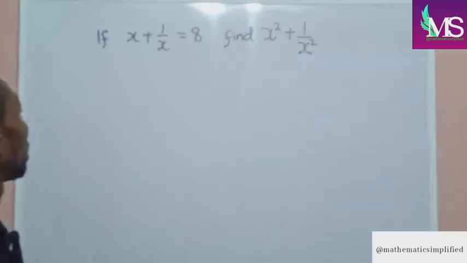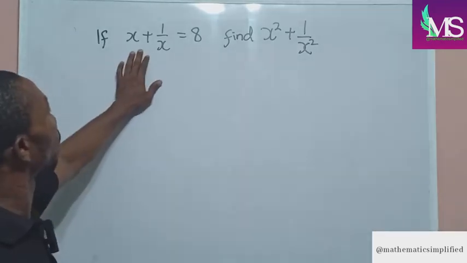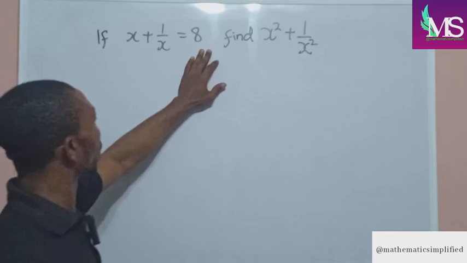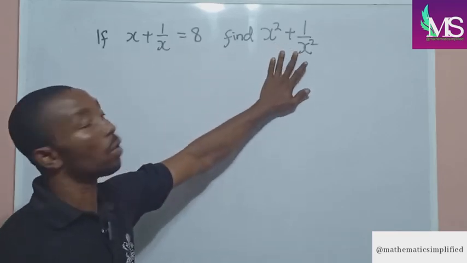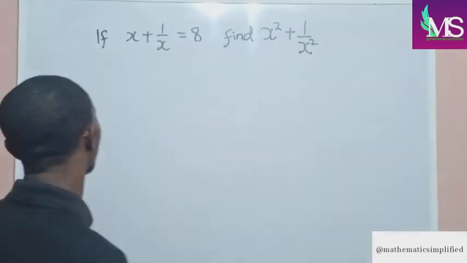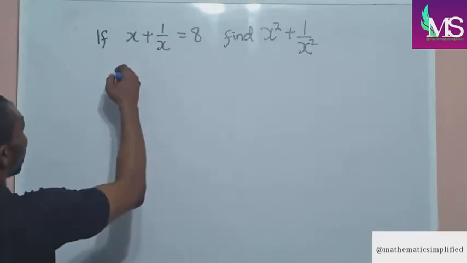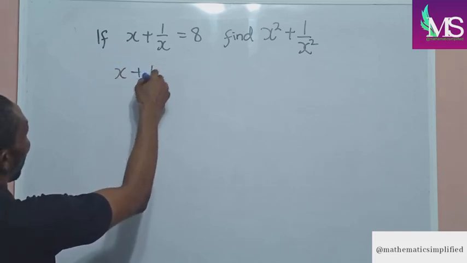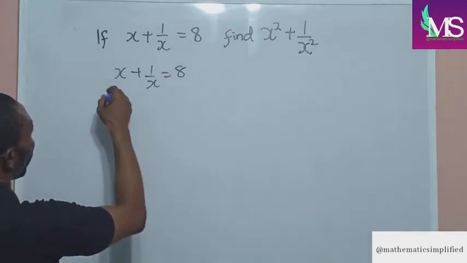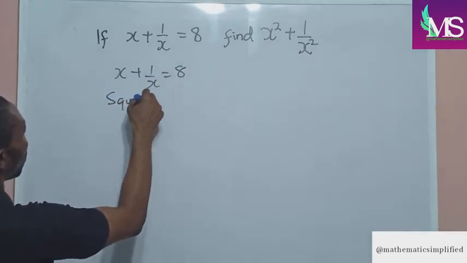Our next question says, if x plus 1 over x equals 8, find x squared plus 1 over x squared. Now, in solving this question, we will start with x plus 1 over x equals 8. So we have to square both sides.